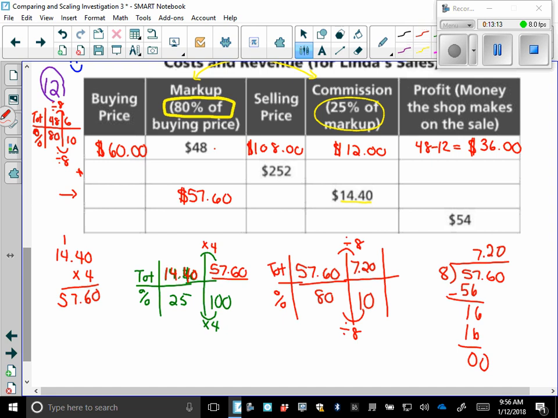Because we're trying to go this way. Okay, so we know the 57 represents 80%, so 10% is $7.20, so 100% is 72.